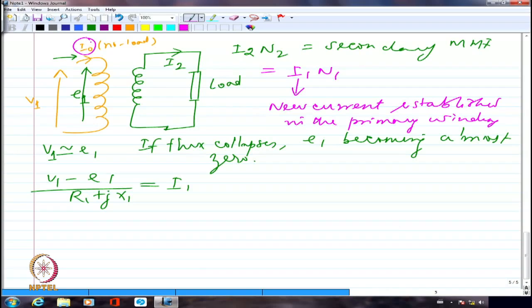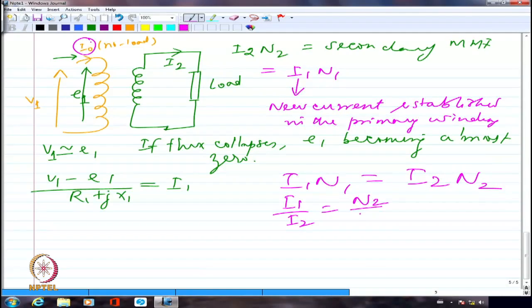I am not saying that has gone away, but this I0 is minuscule as compared to the new value of I1. So as an engineering approximation, I can neglect I0. Just forget about I0 and I would say that I1 N1 should be equal to I2 N2. So I can say I1 by I2 equals N2 by N1.